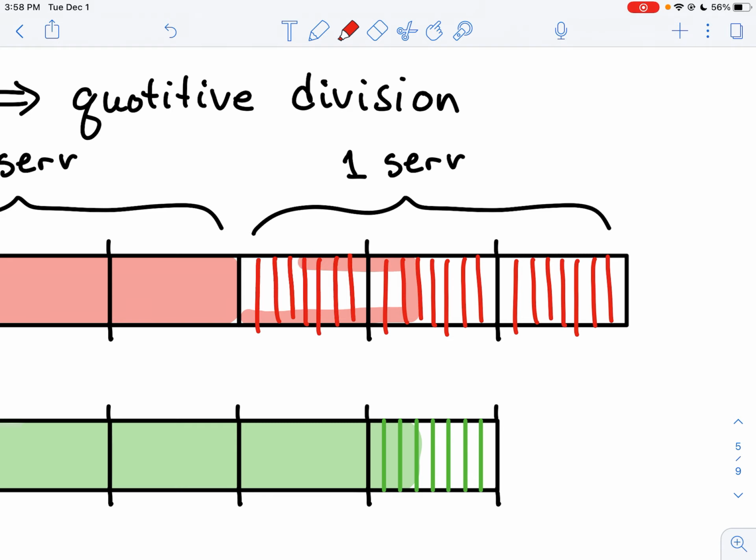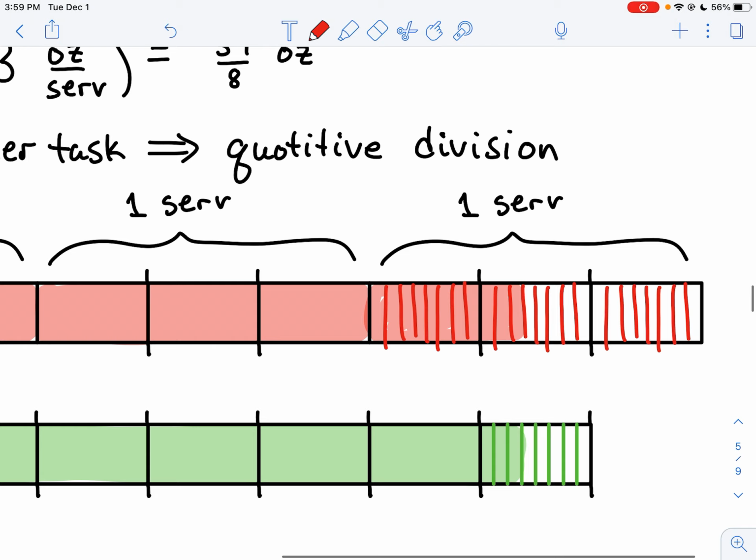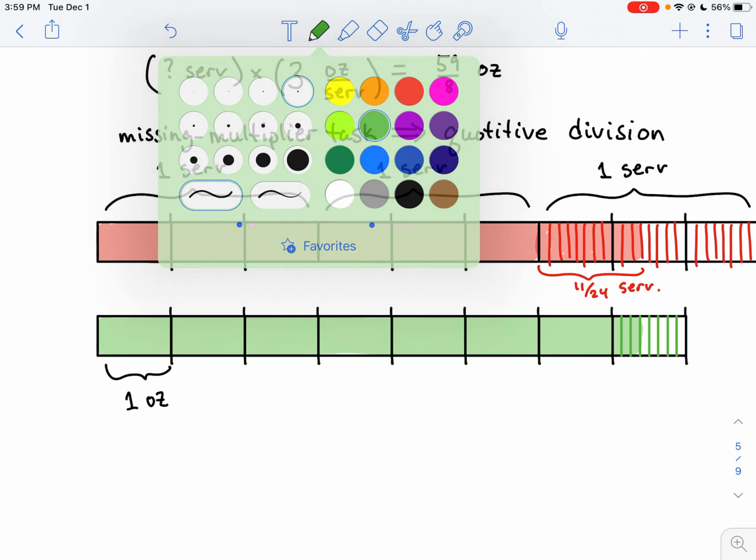And we are shading up to this amount. So we try to figure out how much of a final serving that we have right there. Well, if there's 8 per box here, and we have 3 boxes, then we have a total of 24 little vertical segments in a serving, and we have 11 of them shaded. So we can see that from here to here is 11/24ths of a serving.